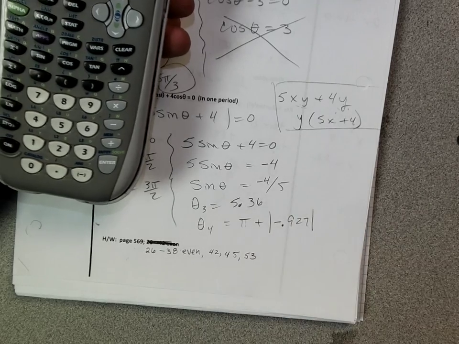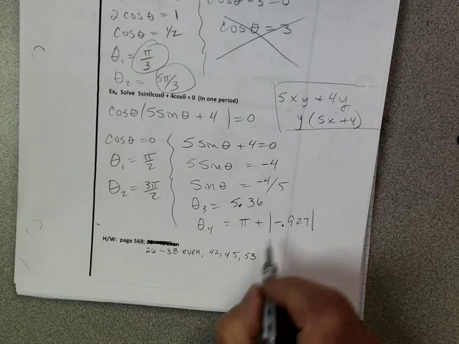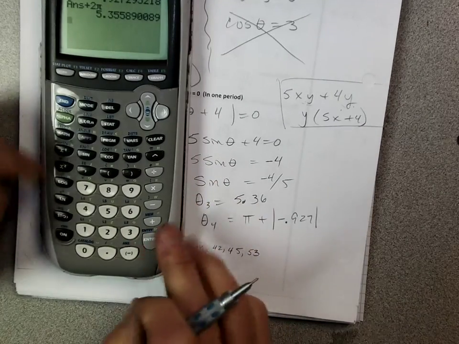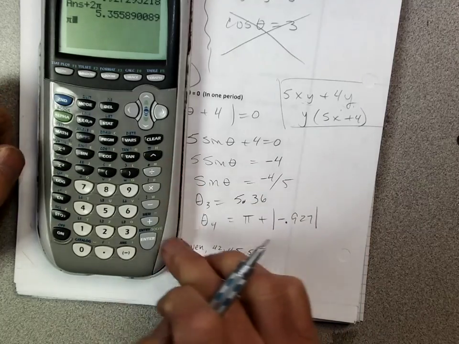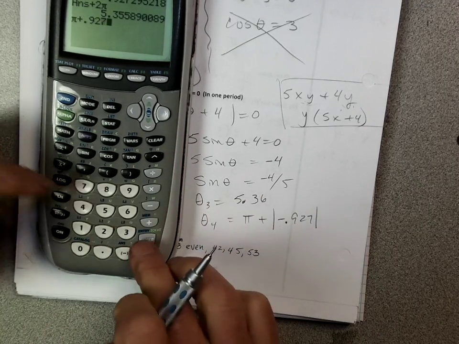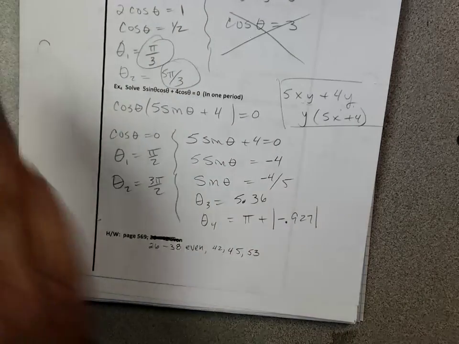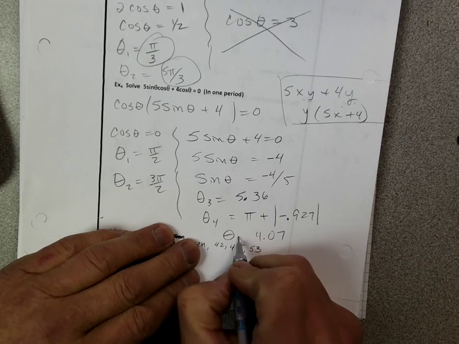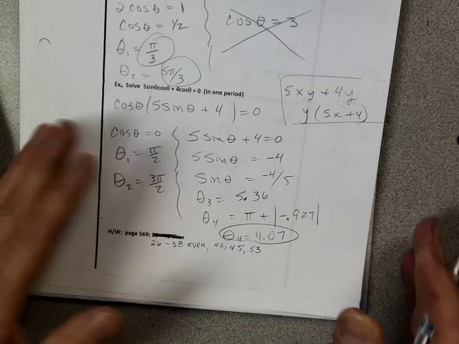The absolute value of that makes a positive answer. So I'm going to go pi plus 0.927, and I get about 4.07. There's theta 4. All right?